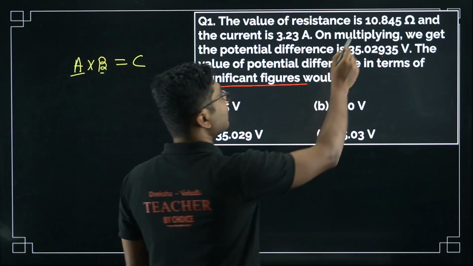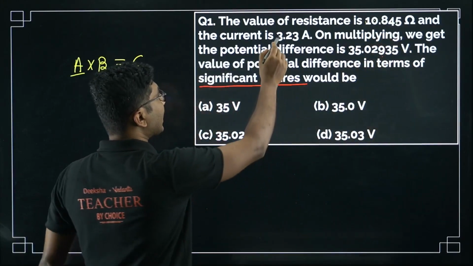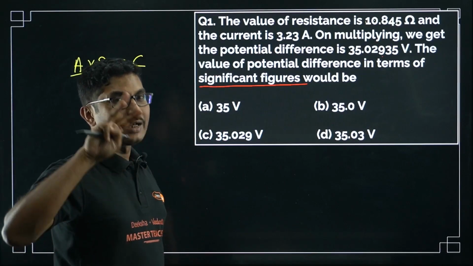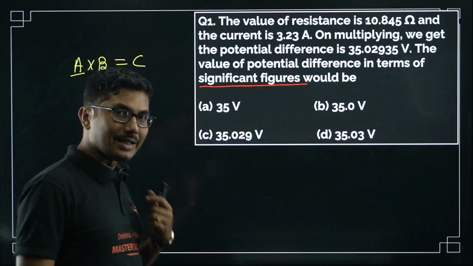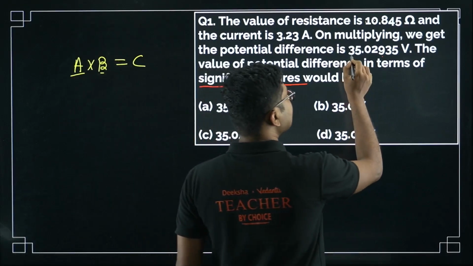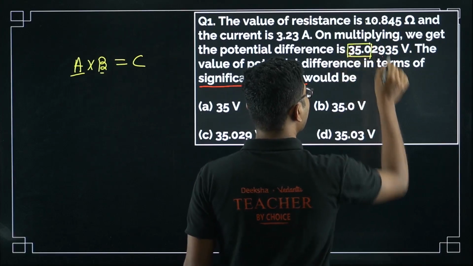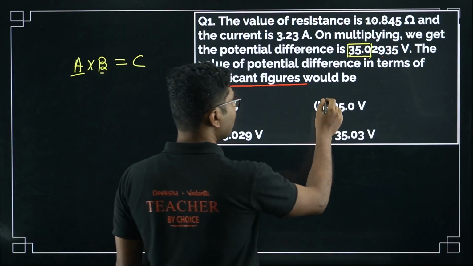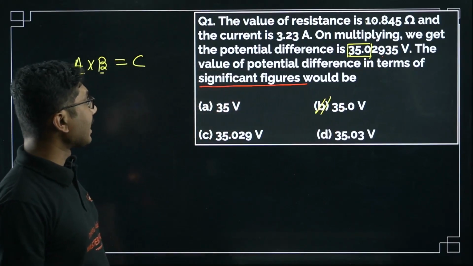This one has 1, 2, 3, 4, 5 significant figures, this one has 1, 2, 3 significant figures. Out of 5 and 3, definitely 3 is smallest, so our answer will have only 3 significant figures, that is 35.0. This 0 is significant because it is coming after the decimal, so 35.0 is the answer. This is the correct answer for this question.